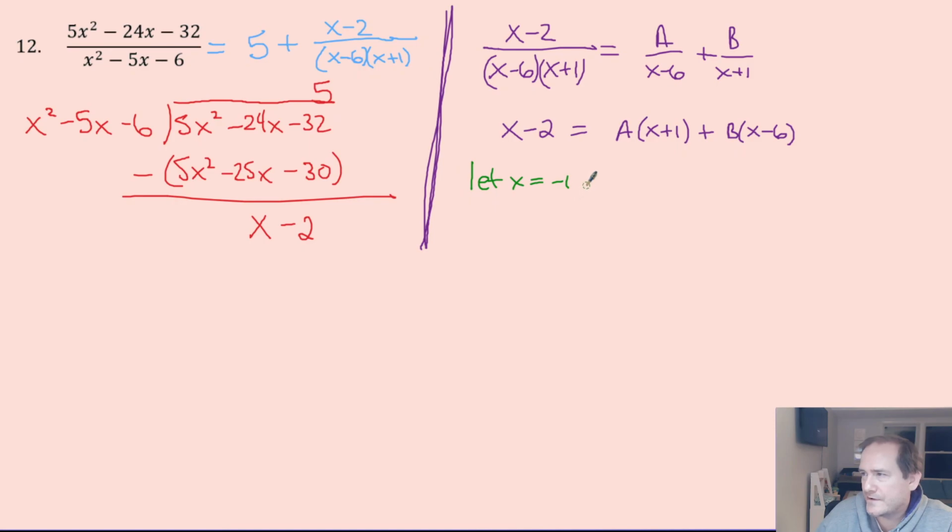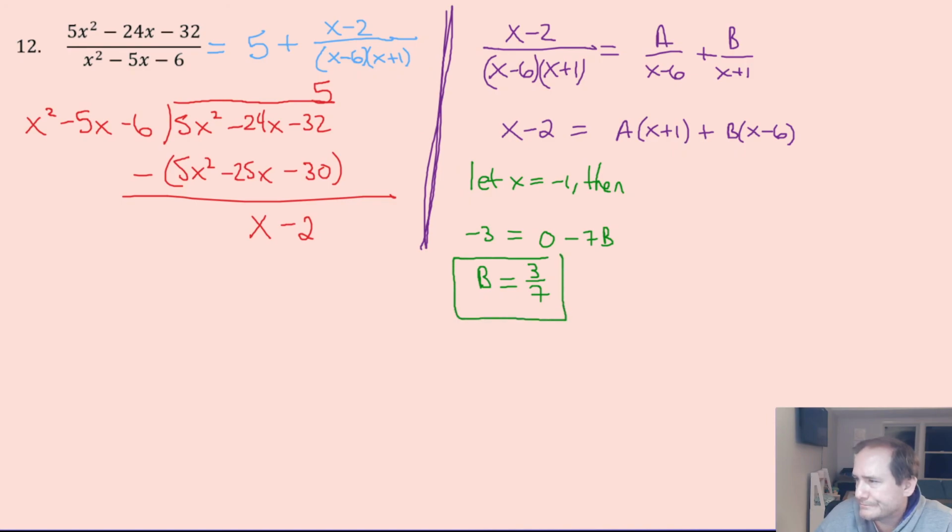Alright, so if you let x equal negative 1, then you get negative 3, and it equals 0. What the? Oh, this is hideous. Negative 7b. So b is positive 3/7. Come on, Butler.